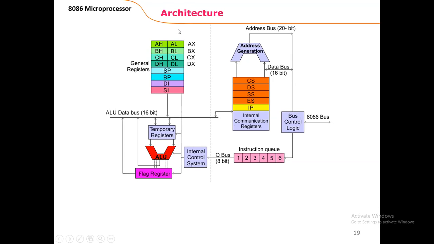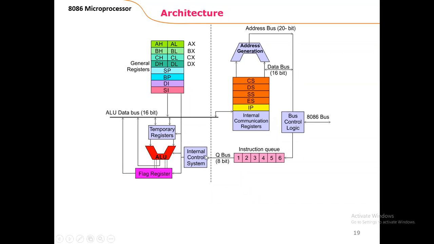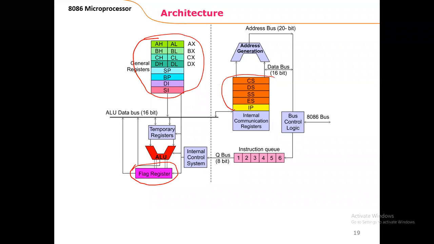This is the block diagram or architecture of 8086 microprocessor. Now, register architecture or register structure means only registers. These are all registers, and this is the flag register, and this is also a register.